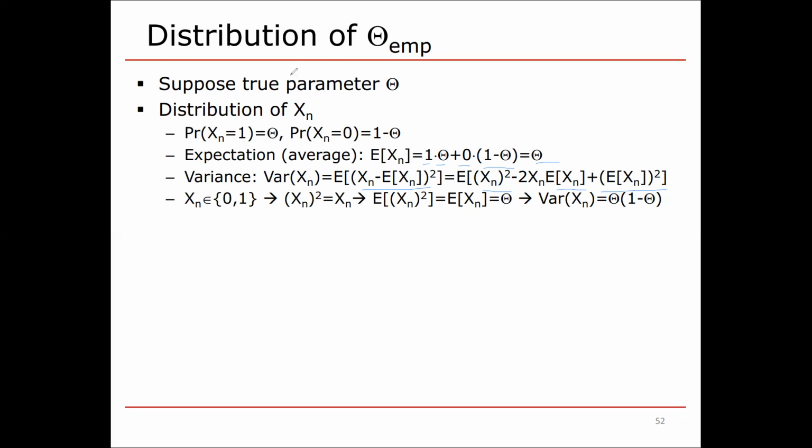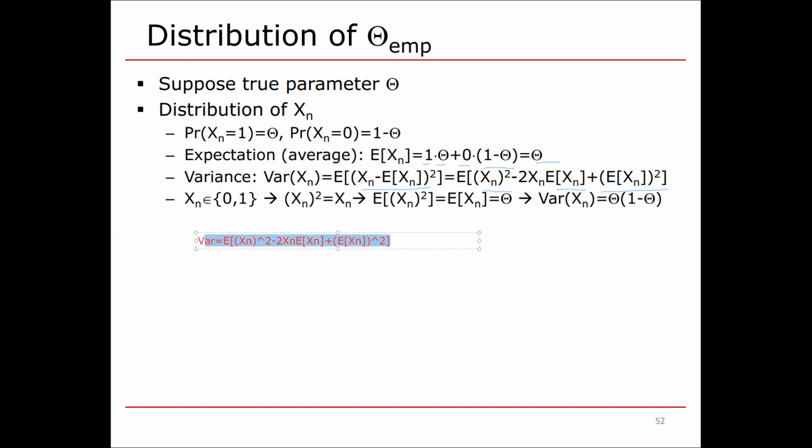So now let's see what we have here in a text box. We wrote that the variance was the expected value of xn squared minus 2 xn E xn plus the square of the expected value of xn.